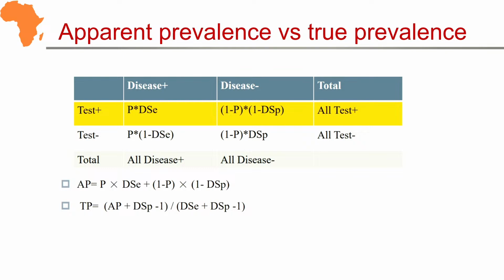Is A over A plus B. In probability, we'll come to that. But here, this part is this, right? Prevalence times sensitivity. Plus. Sawa. 1 minus P, 1 minus specificity is this. Sawa.